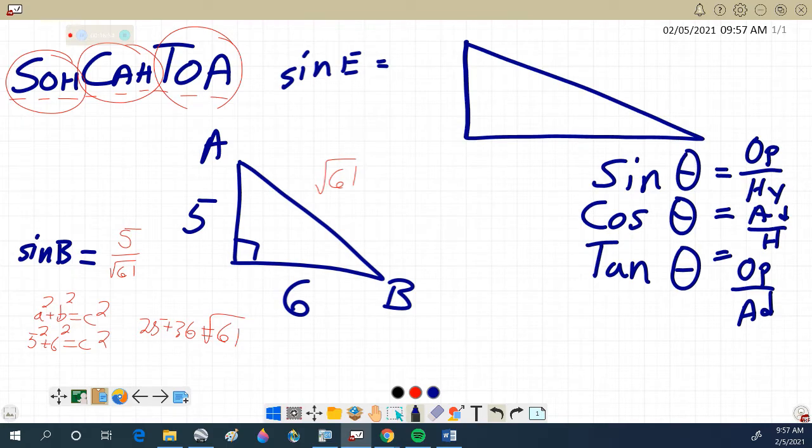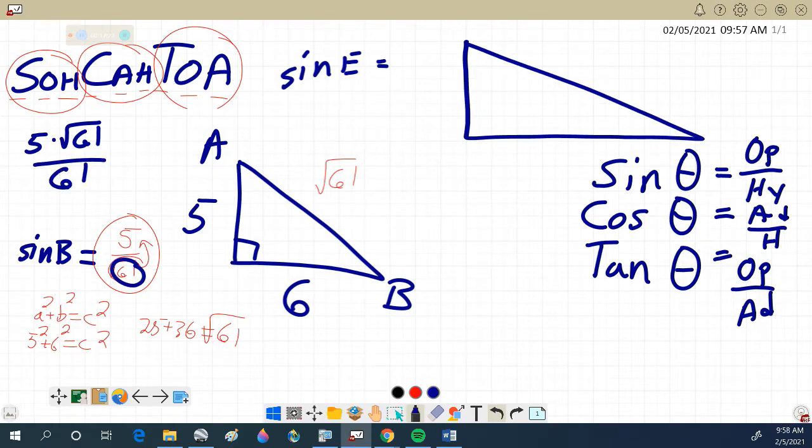It turns out there are an infinite number of ways to write that fraction right there. But the rules of simplification say never leave a square root in the denominator. I know it's weird, but if you ever end up with a fraction like this, the fix is you move this to the top, so 5 times the square root of 61, and then you divide it by the stuff on the inside, which would be 61.